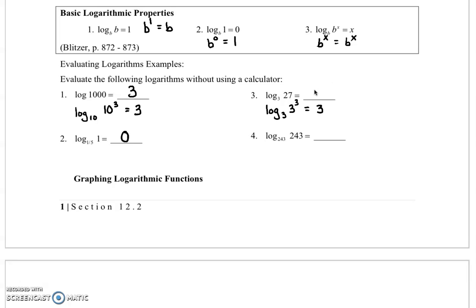So log base 3 of 27 is 3. Okay, number 4 seems a little scary because 243 is a pretty big number. But since the base and the argument 243 are both the same number, we're just using property 1. So the log base 243 of 243 is just 1.